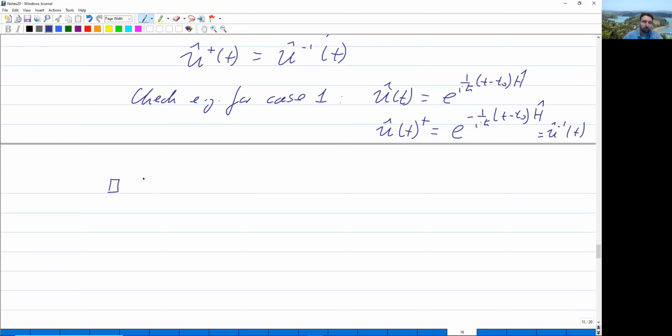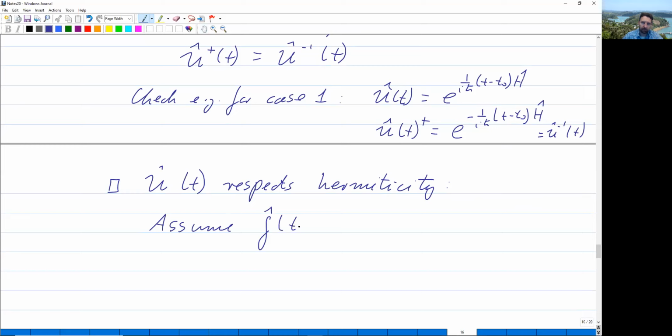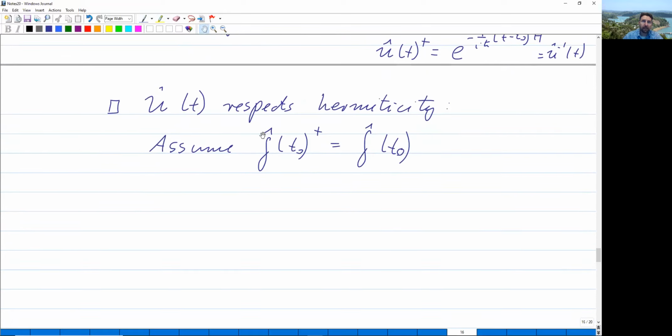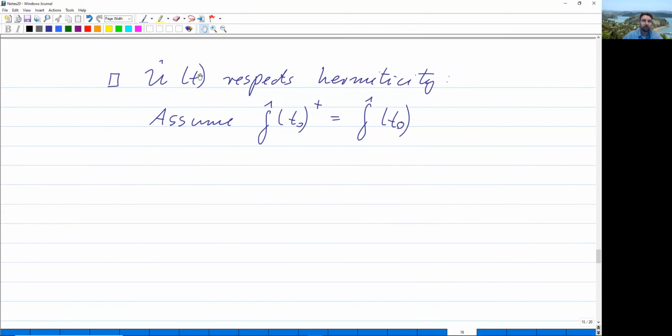Another property of u hat of t, the time evolution operator, is that it respects or conserves hermiticity. So assume that f hat of t naught dagger is f hat of t naught. So we have the hermiticity condition obeyed at the initial time.